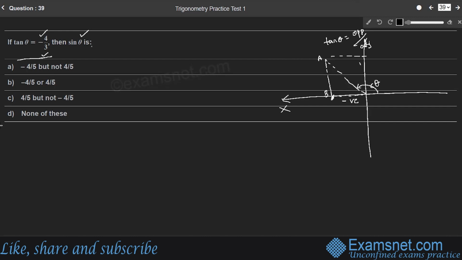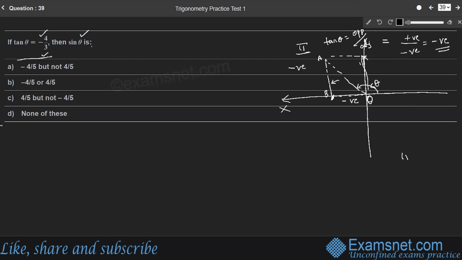Because it is along the positive y-axis. This is the opposite side, right? The opposite side to angle theta is AB and its adjacent side, if O is the origin, is BO, which is negative. Therefore, the adjacent side is negative though the opposite side is positive, right? Adjacent side is negative, so you will get the final value as a negative value. Therefore, tan theta is negative in the second quadrant, right?